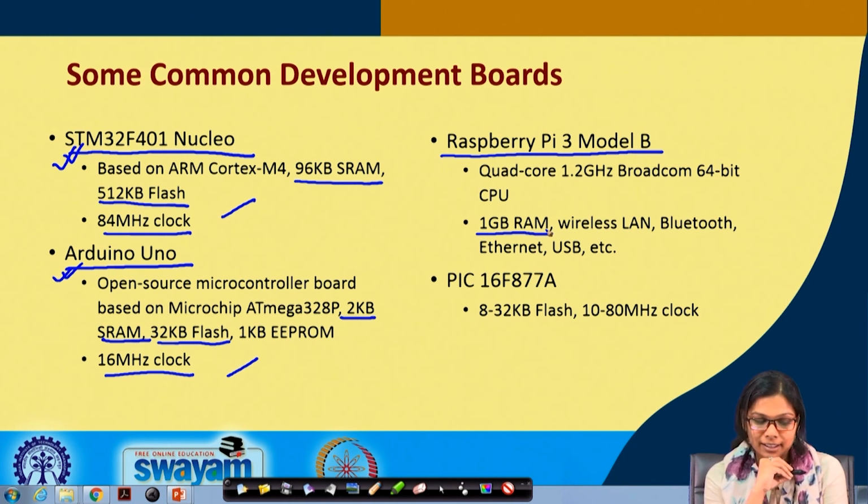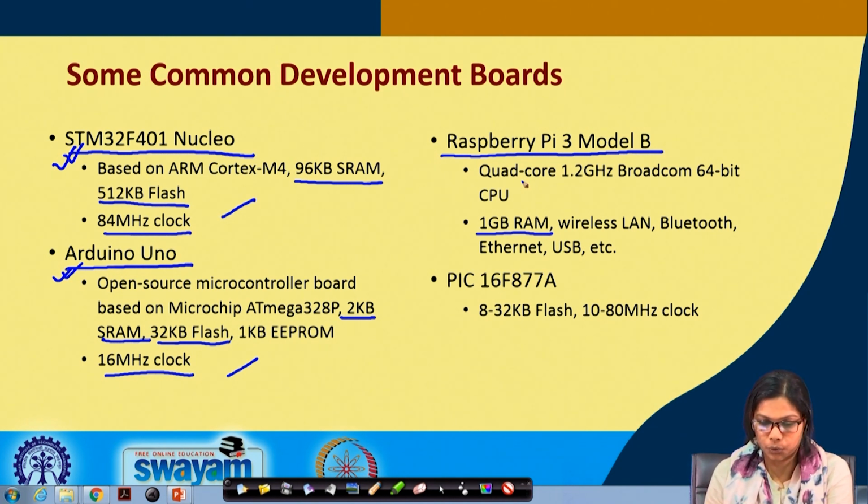So, you can now see that the Raspberry Pi model can be used as a computer itself. It has got such high-end features that it can be used for any sophisticated application development. Although we will not be using Raspberry Pi in this particular course, for very high-end application development, you can of course think of using Raspberry Pi.